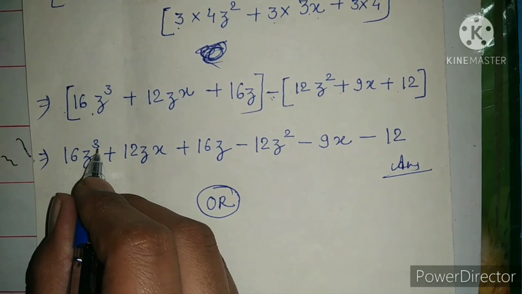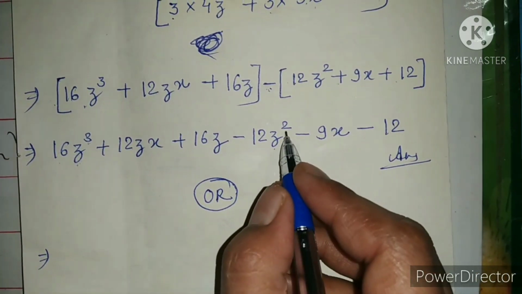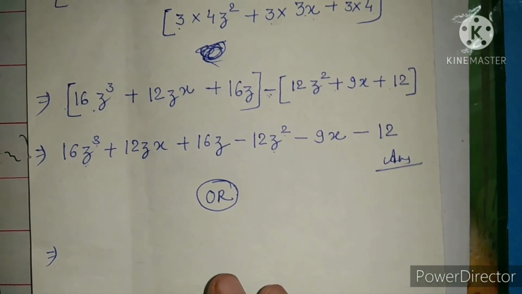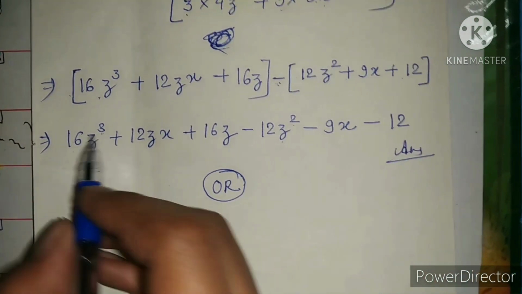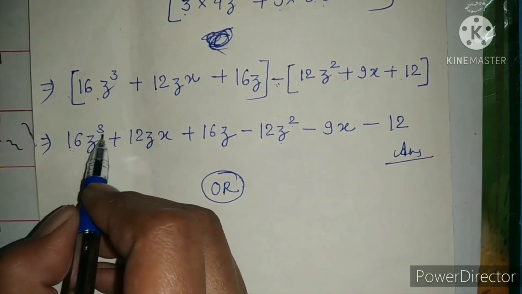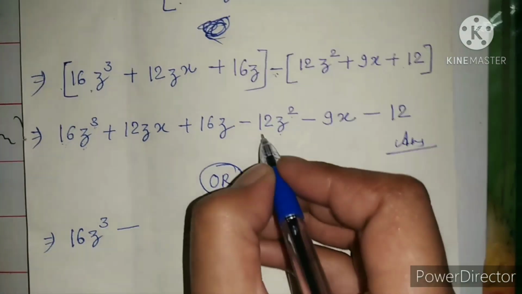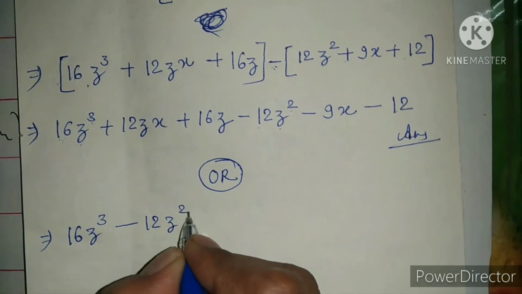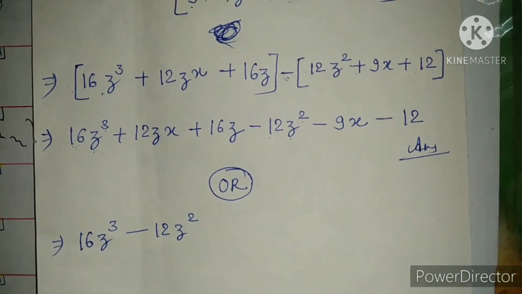Here 16z cube, z is to power 3. So we can write it in descending order from the largest power to the smallest power. Largest power is 16z cube. Minus 12z square. All the terms will come with their sign.